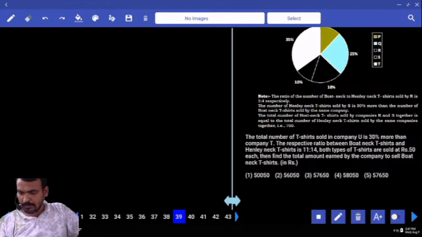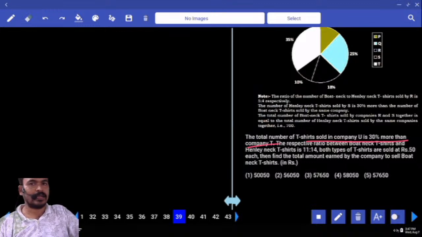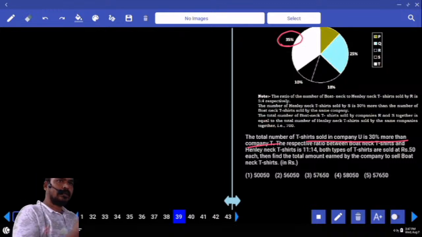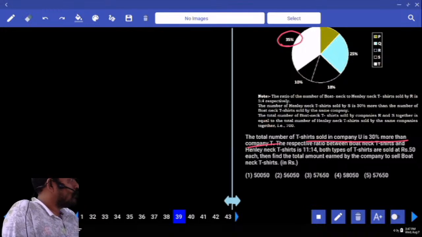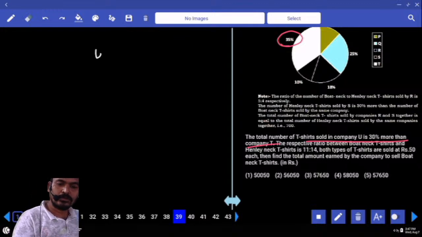First, company U value compared to company T, how much percent more? 30% more. Already company T is 35%. Compared to 35%, 30% more. What is the 10%? 3.5. 30% is 10.5.